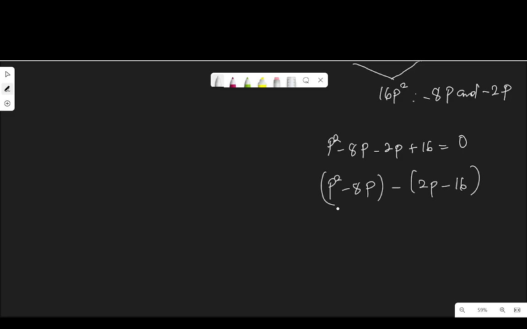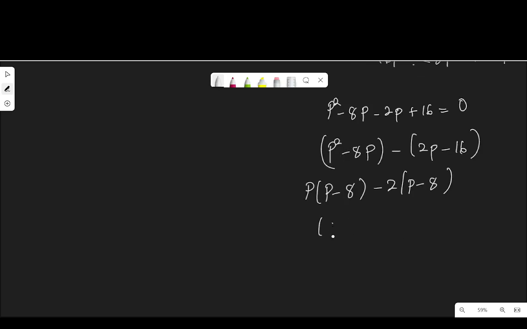On the first group, p is common, so factor it out: p into p minus 8. And minus here, 2 is common, 2 can divide both of them: 2 into p minus 8. P minus 8 is a common factor, so we pick it and group the other terms together: p minus 2.